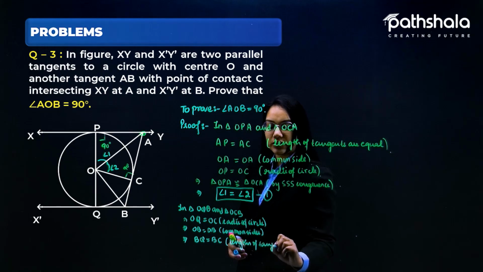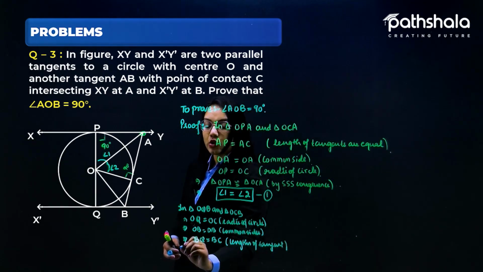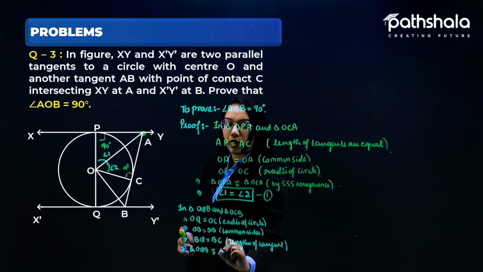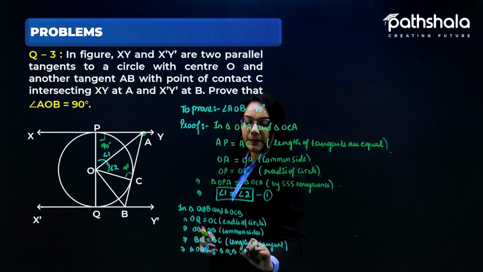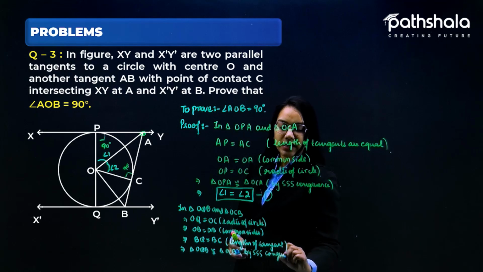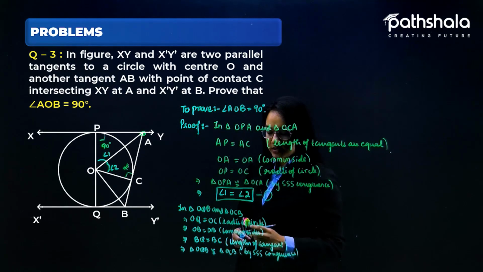They are the lengths of the tangent, and we know that the lengths of the tangent are equal to each other. So again, we can say that triangle OQB is congruent to triangle OCB by the SSS congruence criterion.